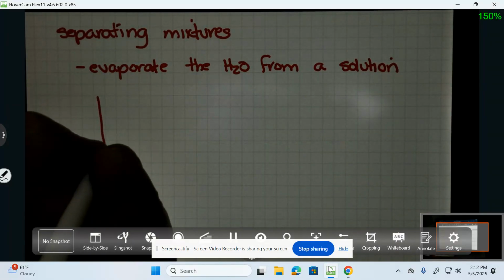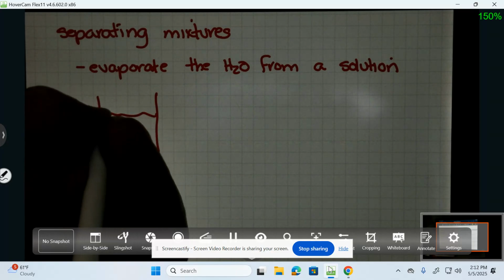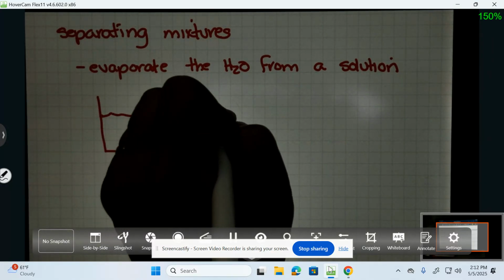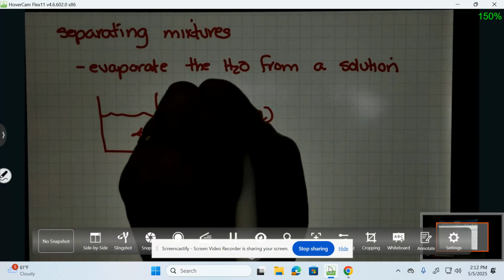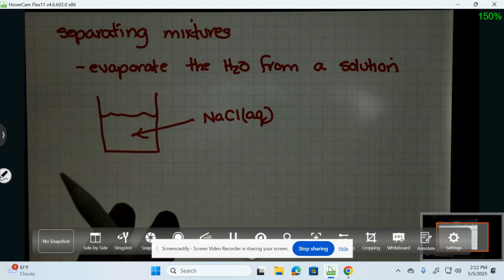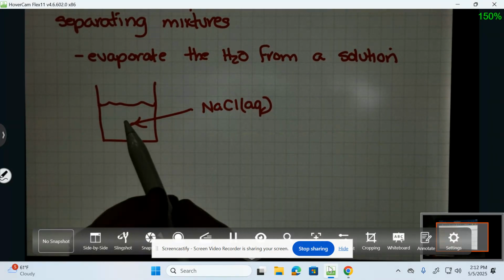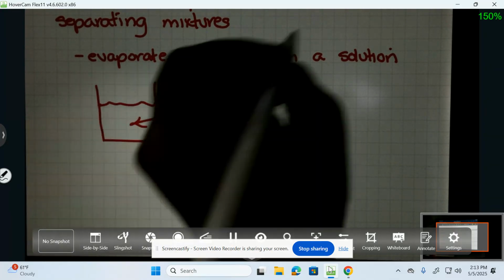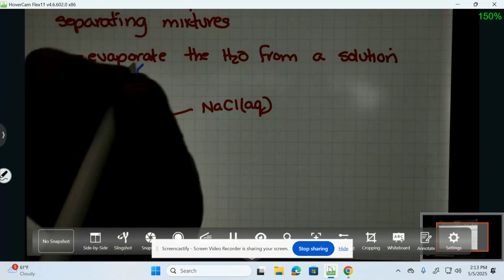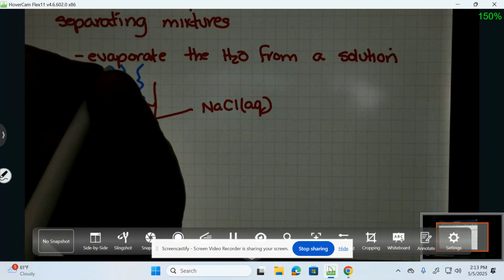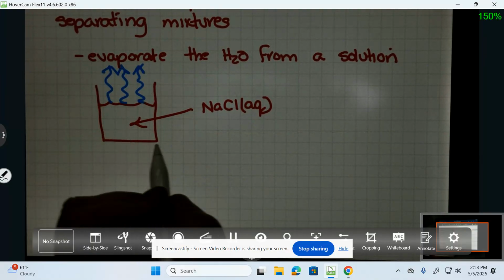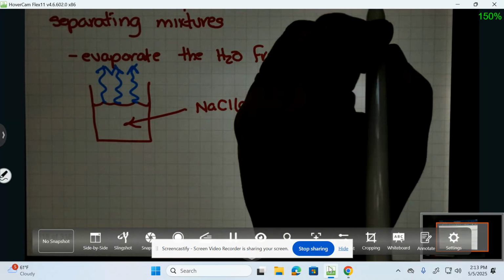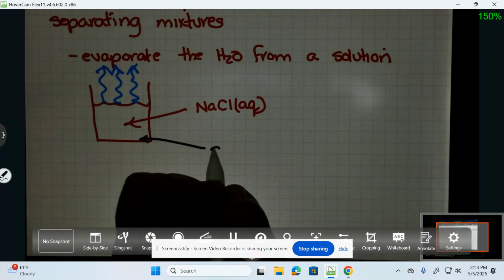Example, let's say you had a beaker, and in that beaker you have NaCl(aq). NaCl is salt, AQ is water. So in here you have salt and water. How can I separate them? Well, I can get the water to evaporate, turn into a gas. What's going to be left at the bottom of this container is going to be the salt.